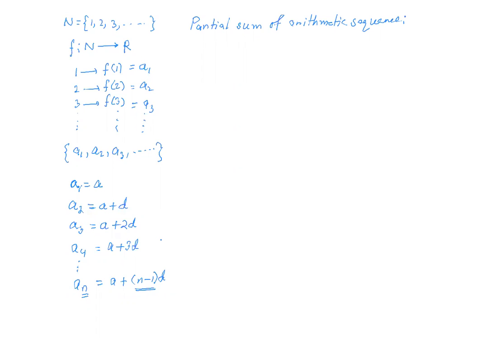So remember, S sub n, the partial sum, is A1 plus A2 plus A3 plus dot dot dot plus AN. You are adding the first n items. That's what it means.